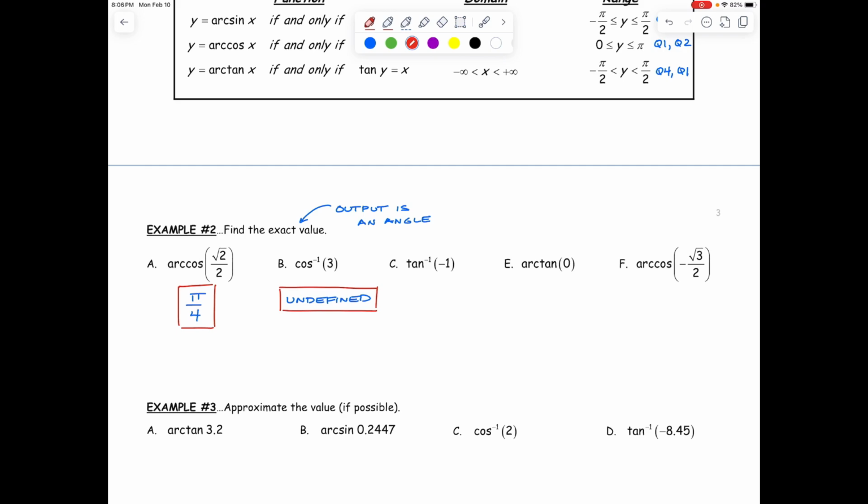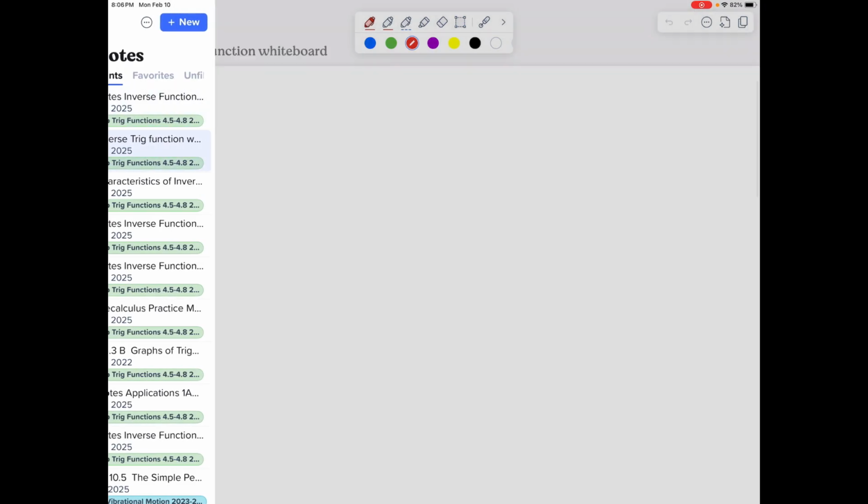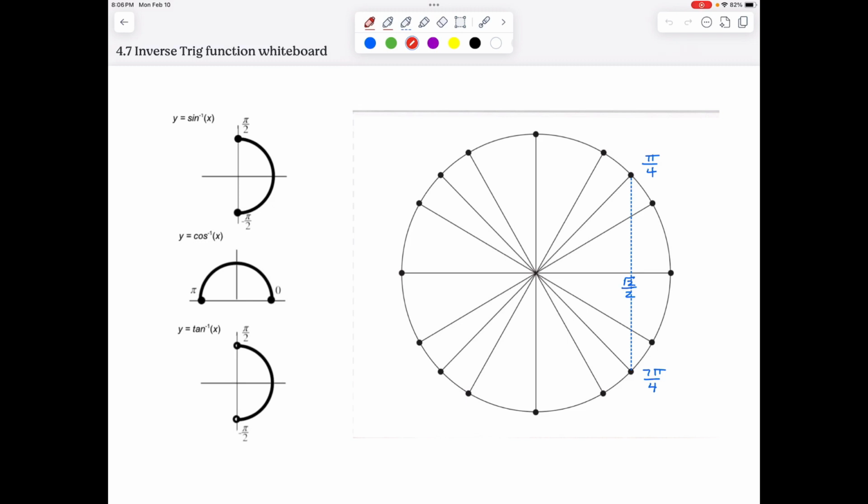Next, for inverse tangent of negative 1, so back to our little work surface, we know tangent is negative 1 in the second quadrant. Okay, so for your tangents, you've got negative x's and positive y's, and then also in the fourth quadrant, you've got positive x's and negative y's. And those values, the x's and y's, are identical to each other except for the signs in those quadrants.